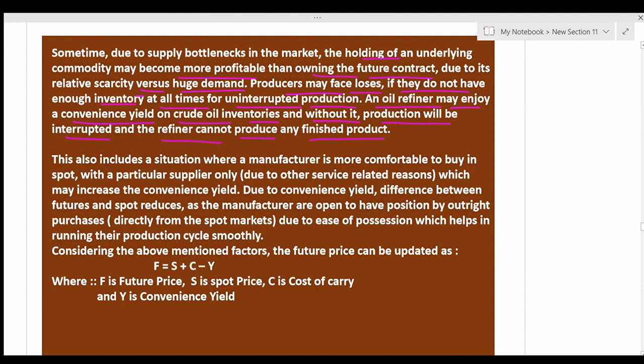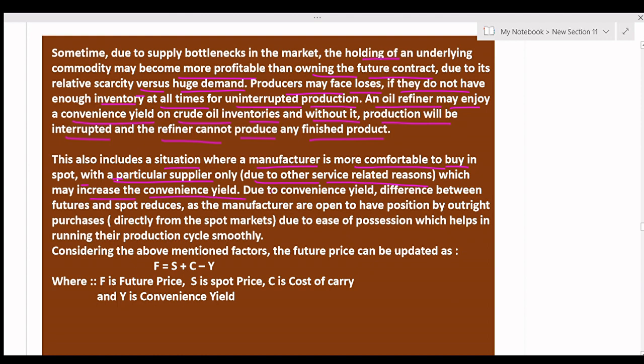This also includes a situation where a manufacturer is more comfortable to buy in spot with a particular supply only due to other service related reasons, which may increase the convenience yield.